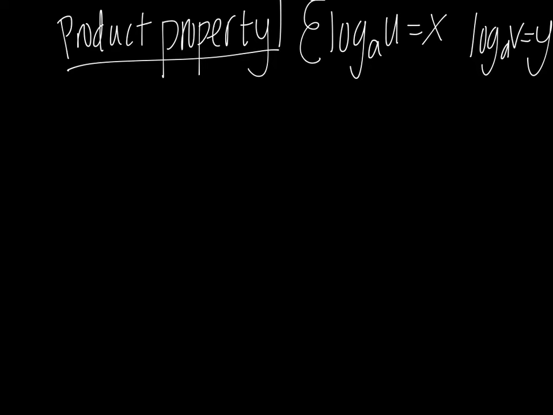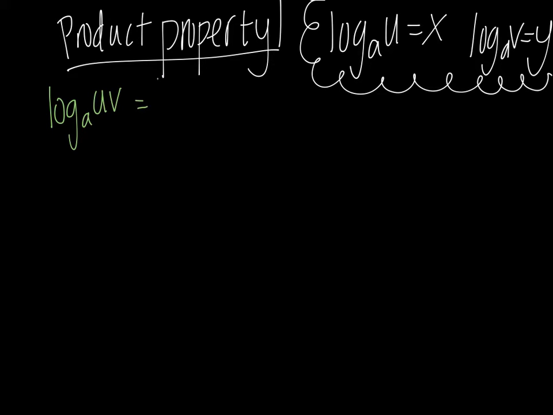We're going to use this all throughout. So for the product property, we know that log base a of uv equals log base a of u plus log base a of v.